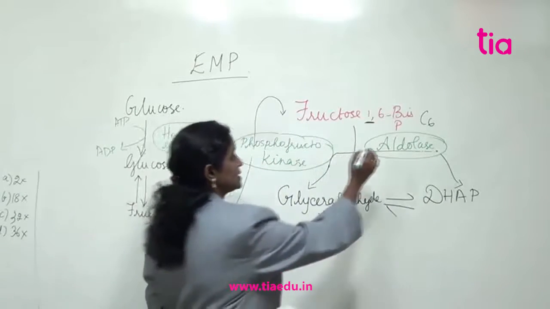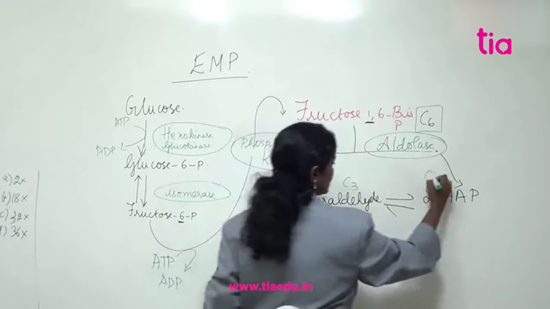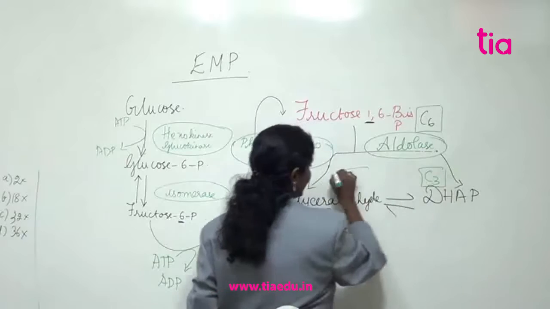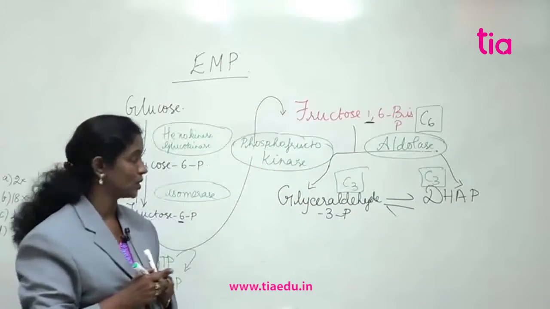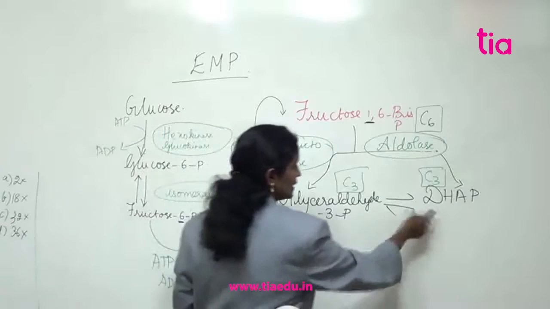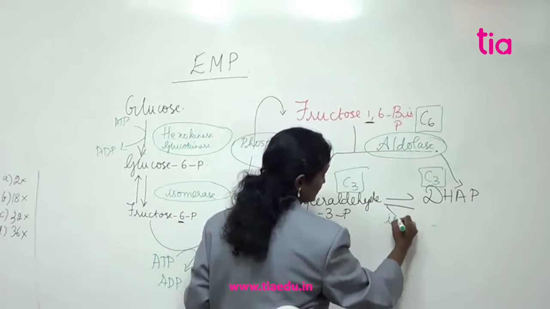Aldolase breaks the 6 carbon sugar into C3 and C3, but one is an aldehyde, another one is a ketone. The enzyme catalyzing this interconversion is phosphotriose isomerase.